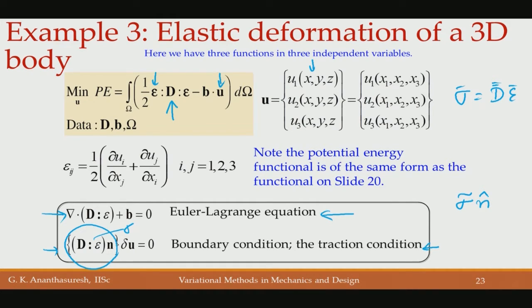If we do that, that basically says that the traction on the boundary is 0 whenever delta u is not 0. When is delta u 0? Delta u is 0 when u is specified, like fixing it. Okay. When that is not specified, the corresponding stress should be 0. Whenever you have not specified, then that portion, if there is no force, the force as it is called in solid mechanics literature, that will be 0. That comes in the boundary condition.